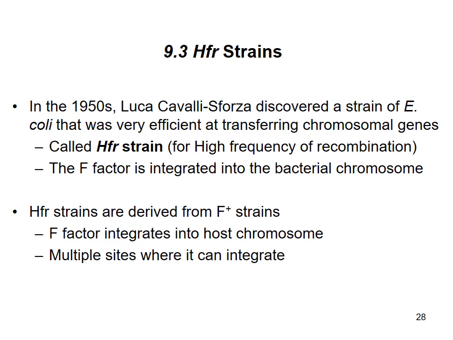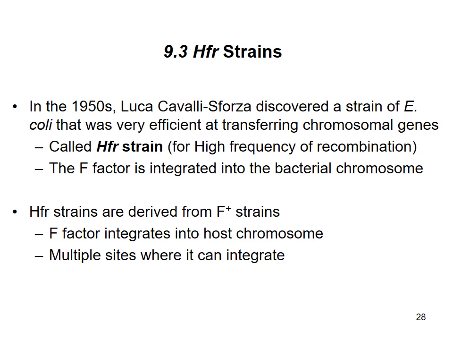And then you have the strain that we like to call the Hfr, the high frequency of recombination strain. This strain was discovered in the 1950s, and basically what they saw is that certain fertility factors, so some of the F factors that we were just chit-chatting about, do have the ability to be integrated into the actual bacterial chromosome.